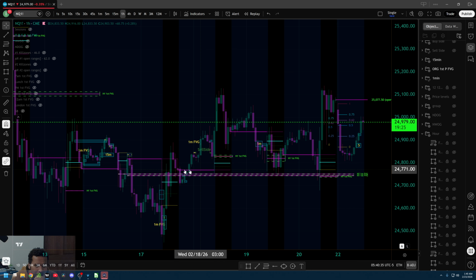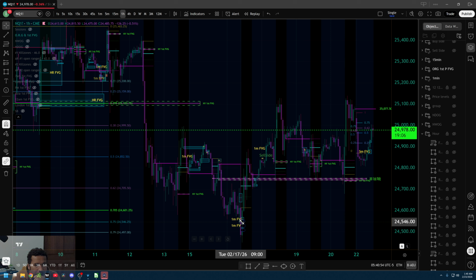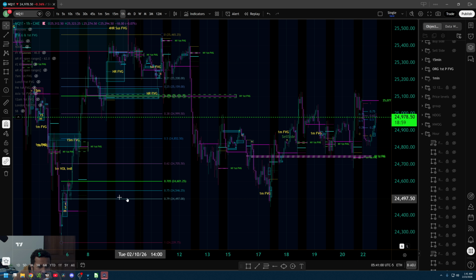Wednesday respects the high of Tuesday's opening range gap, rallies up. Even when it pulls back down, fails to reach this price level. Tuesday, you have to go back quite a ways.